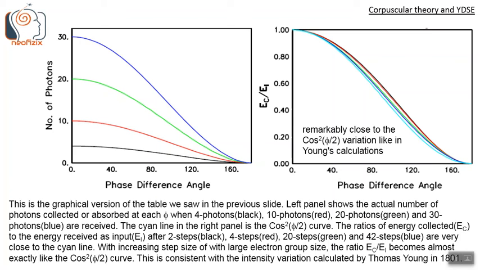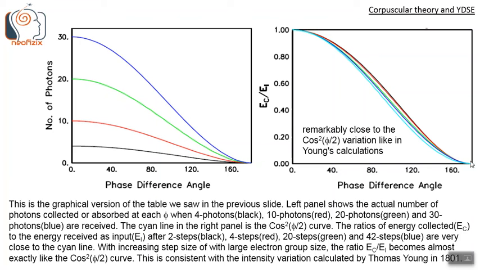Basically, this means that when the phase difference is 0, all the 100% energy is absorbed. And when the phase difference is 40, less is absorbed according to cos square of 40 by 2, and at 80 it's even less. And so at 180, cos phi by 2 is 90, cos 90 is 0.